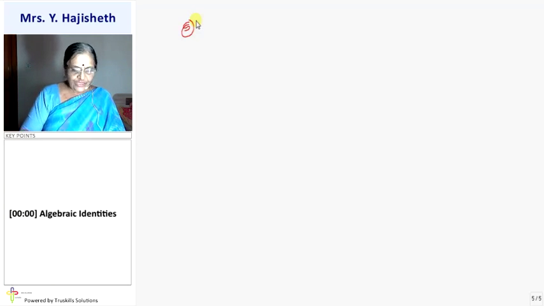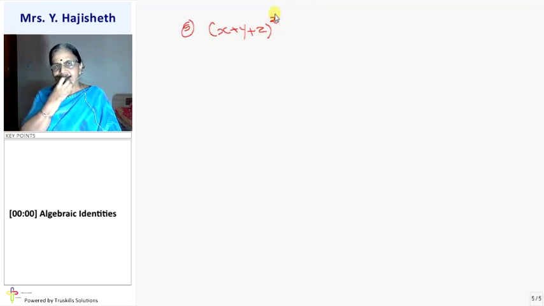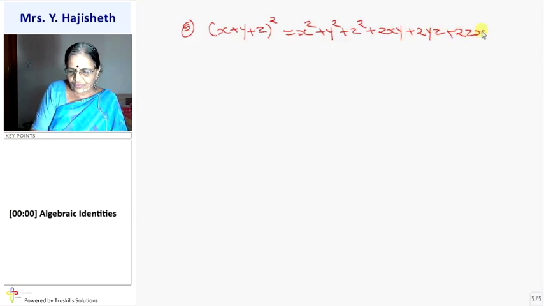See, instead of a binomial, suppose you are asked to write the expansion of a trinomial. What is the formula you know? x square, first term square, plus second term square plus third term square plus 2 times first into second plus 2 times second into third plus 2 times third into first.